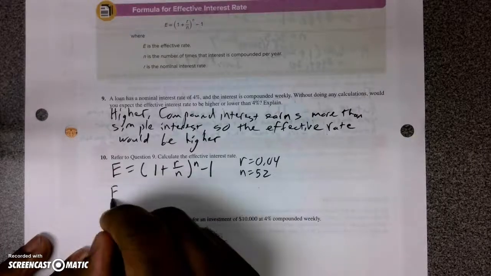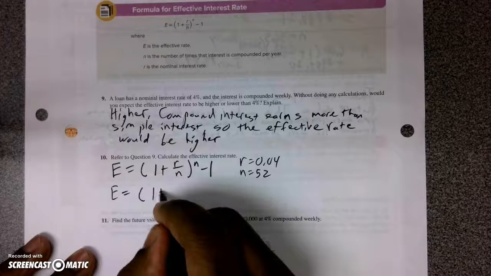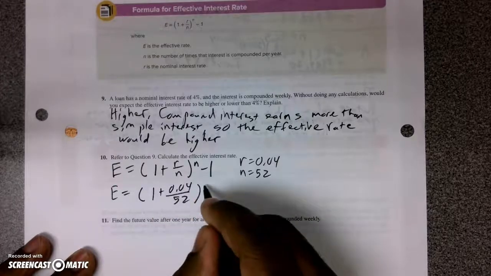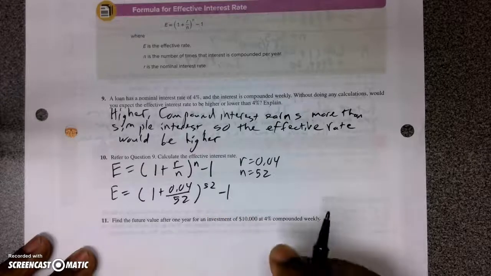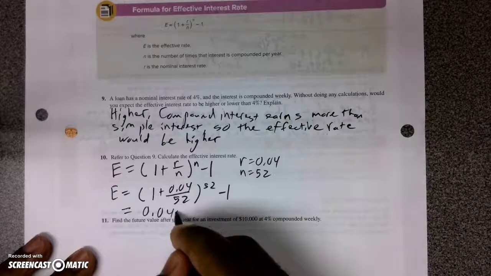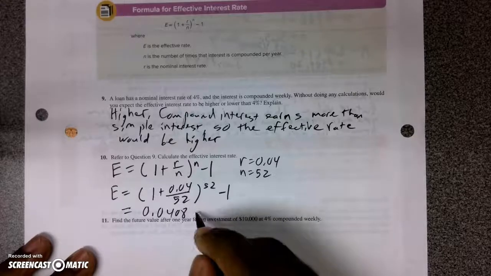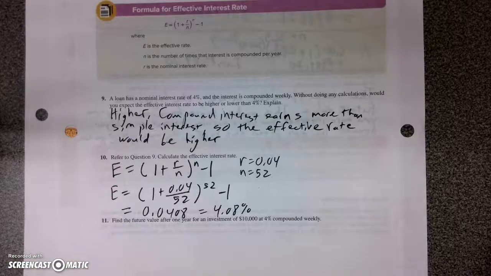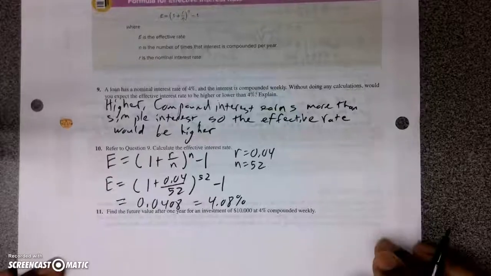So we will have E is equal to 1 plus 0.04 all over 52 to the 52nd power minus 1. So this would equal 0.0408 when you put in your calculator, which is 4.08%. So that is the effective interest rate.